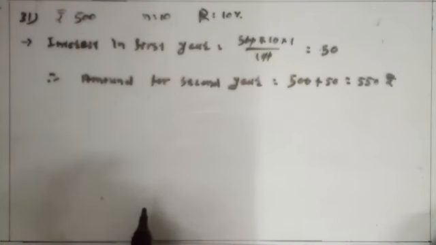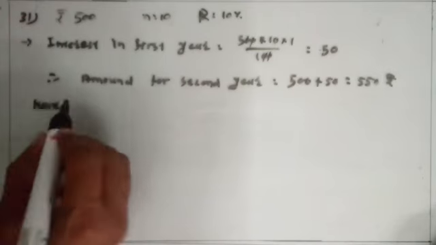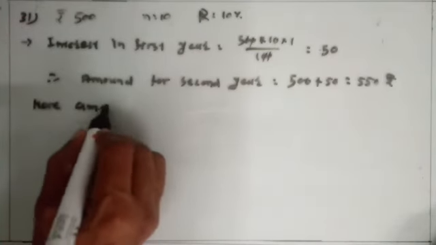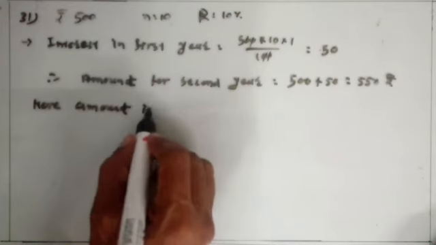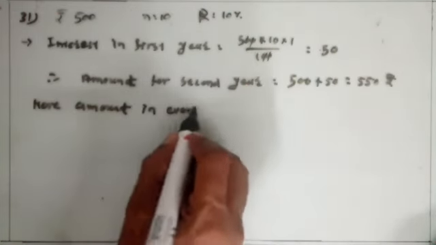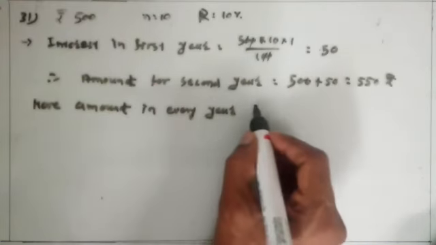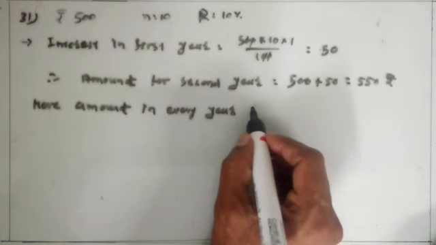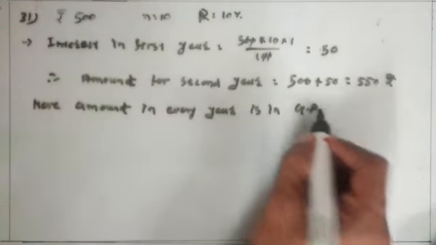Here the amount in every year forms a geometric sequence. The amount in every year is in GP.